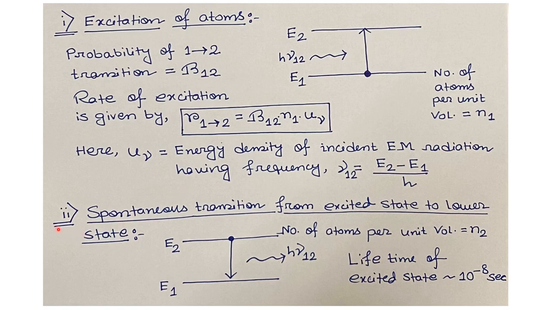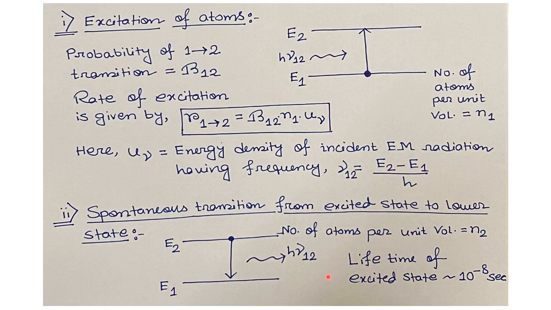Now the second atomic transition phenomenon was spontaneous transition from the excited state to the lower state. We have learned about the excitation of atoms. After the excitation, the number of atoms per unit volume at the excited state E2 will be N2.